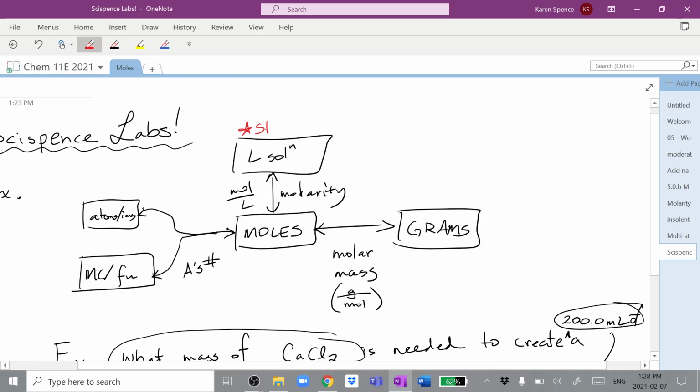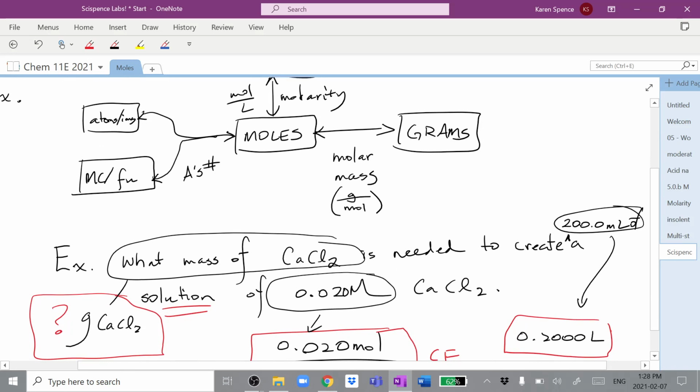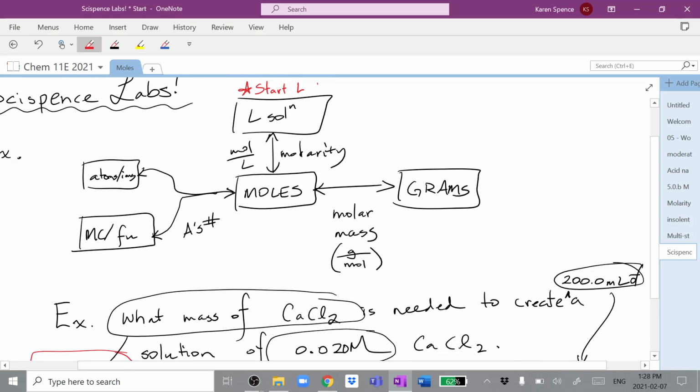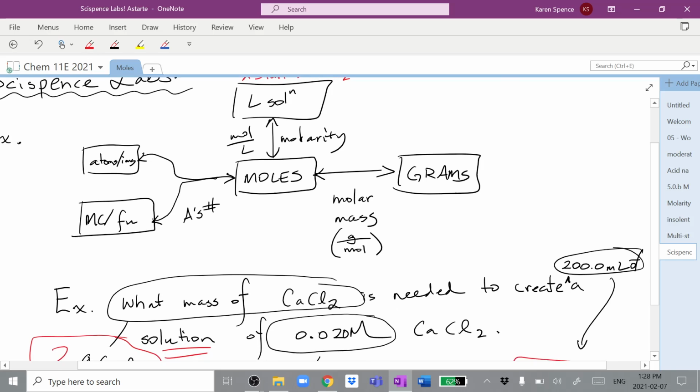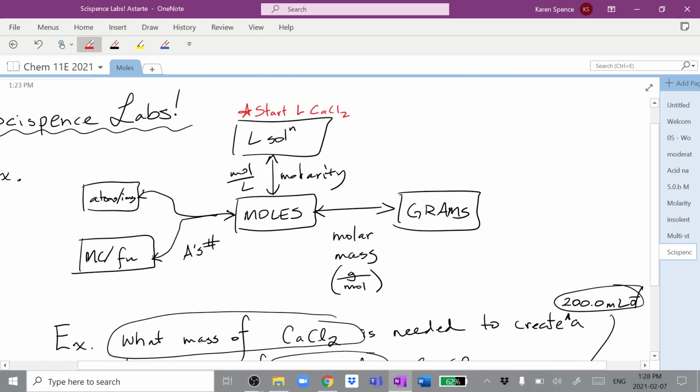Start. And we have liters of CaCl2. And we want to know the number of grams, so we want to finish over here. Finish at grams of CaCl2. Woohoo!